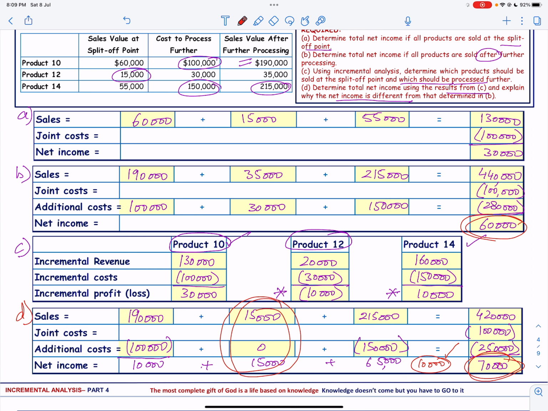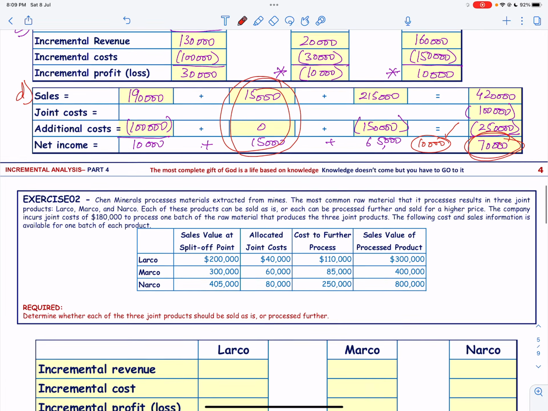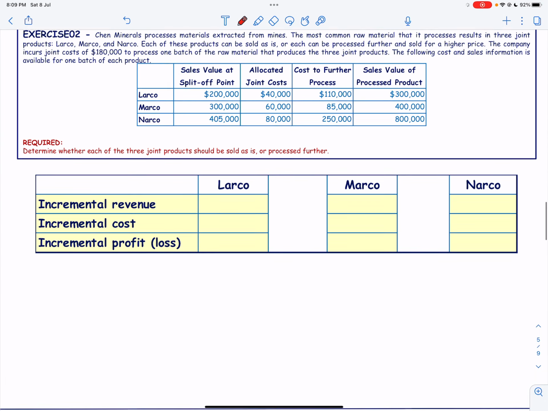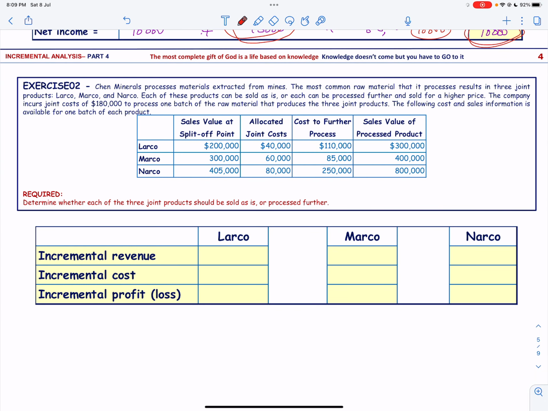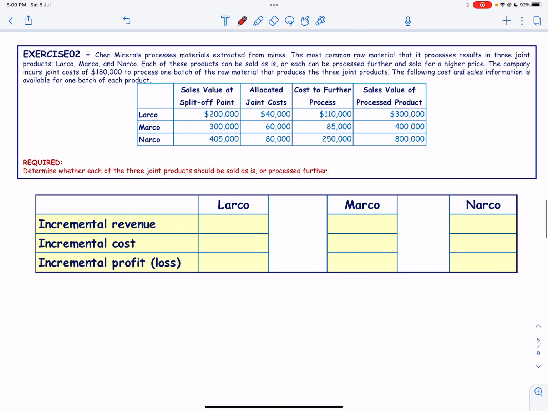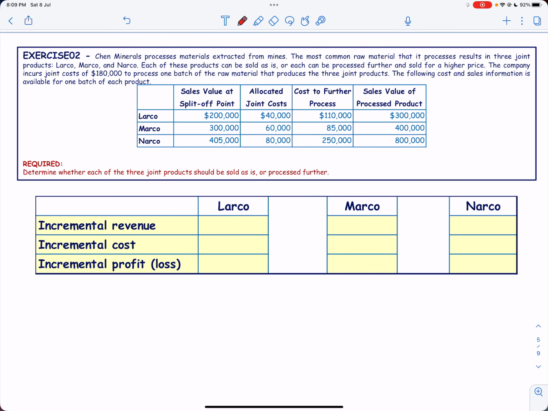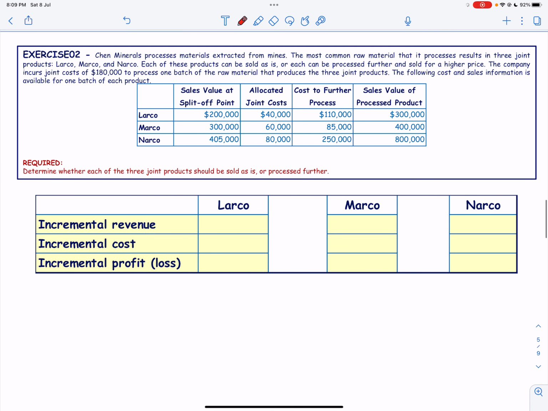Okay. Next, let us solve one more exercise on how to determine whether to sell or process further joint products. Chain Minerals processes materials extracted from mines. The most common raw material that it processes results in three joint products: Larco, Marco, and Narco.